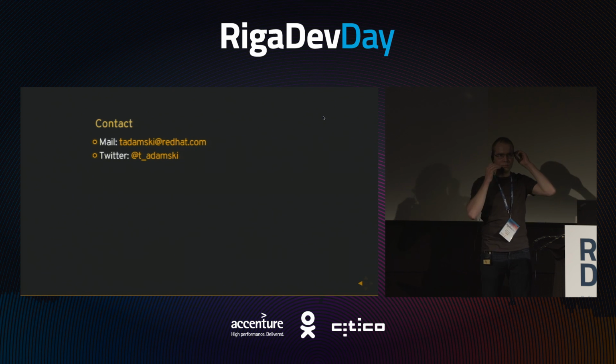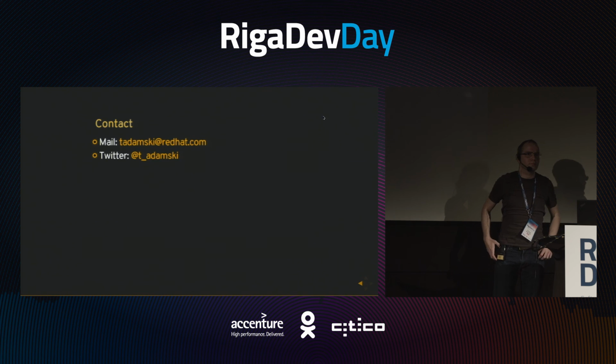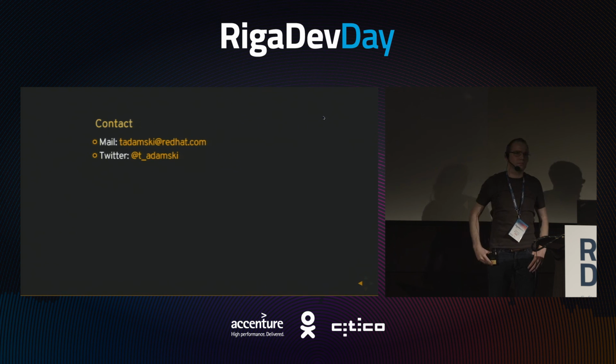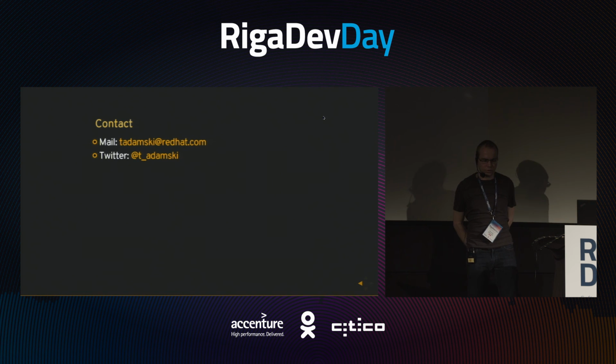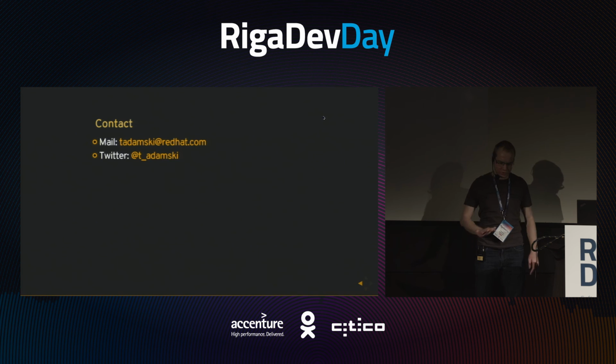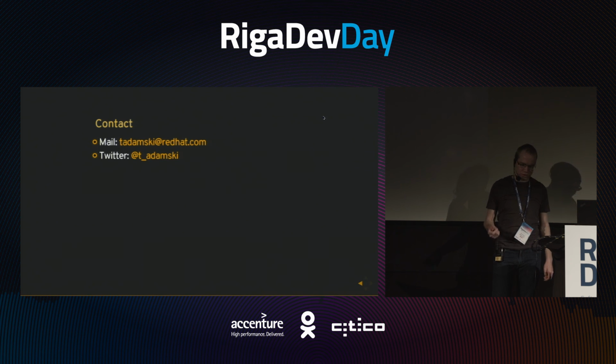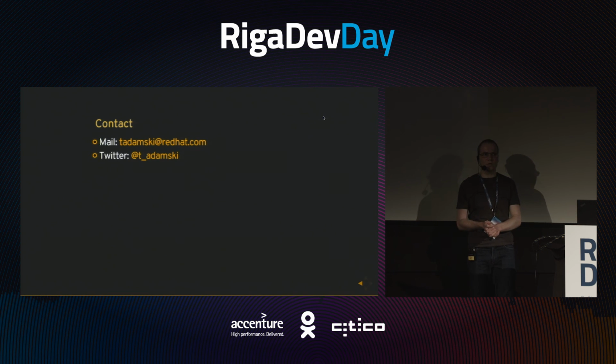Question: does the custom distribution of WildFly, based on the feature pack you talked about, work for Windows installation? Yes, of course, because whether it's Windows or Linux, it only depends on the JVM that you are using. So you can create your own distribution and run the same distribution on Linux and then on Windows. So obviously you can use it everywhere.